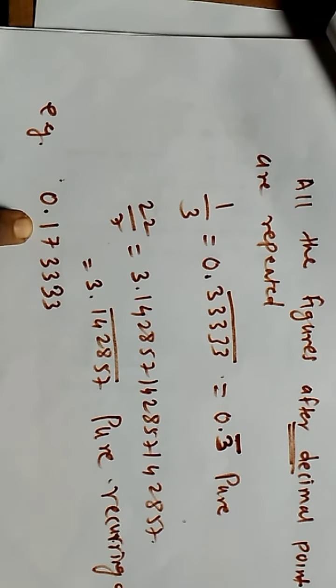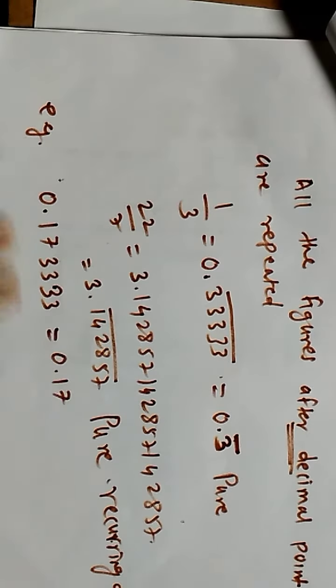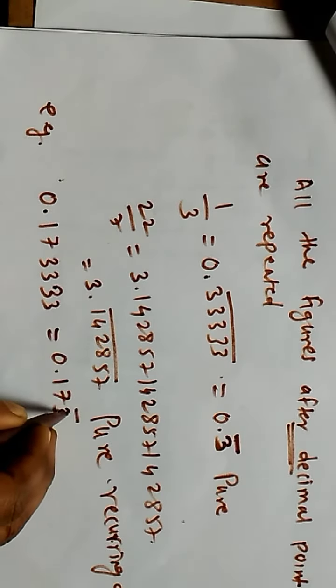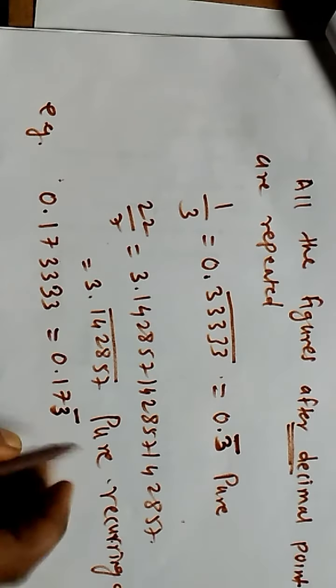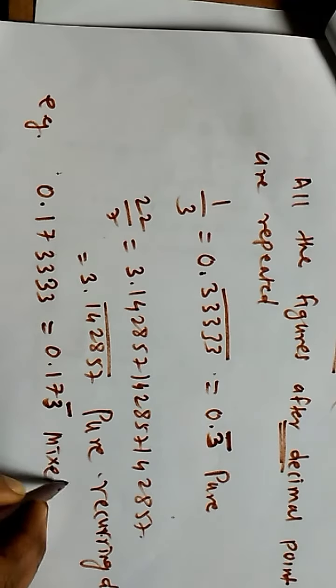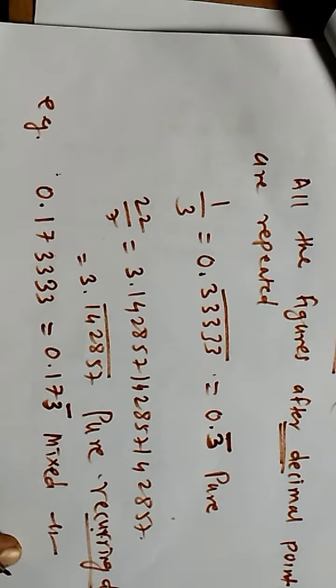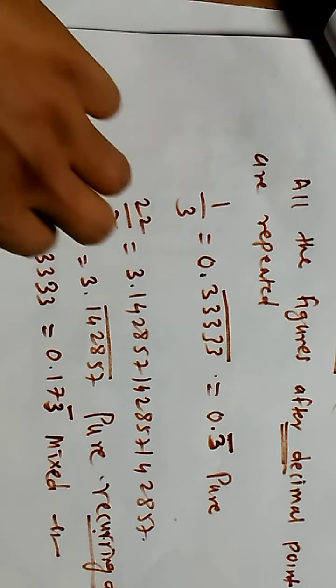For this one, 0.17 is not repeated, only the digit 3 is repeated, therefore this is known as mixed recurring decimal.